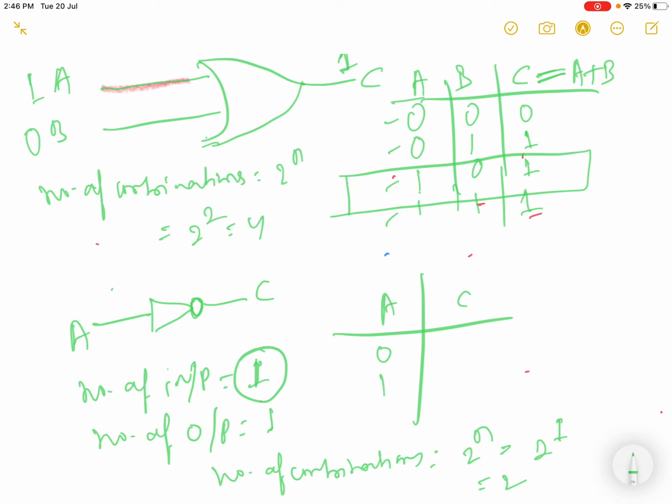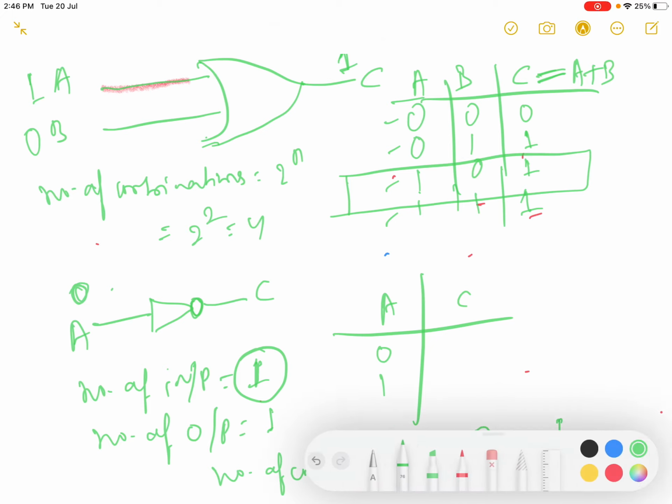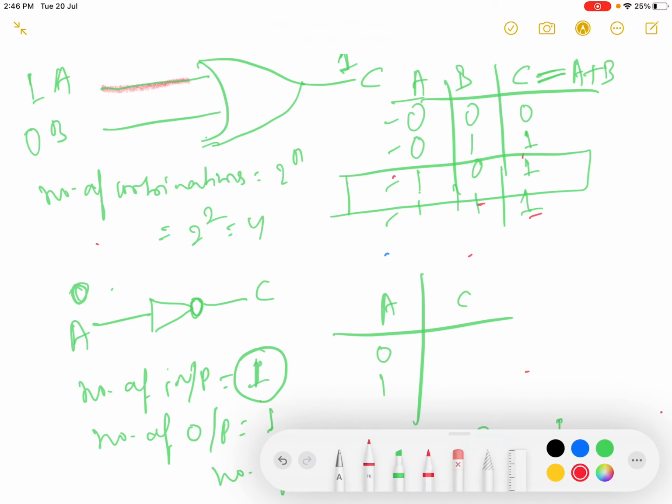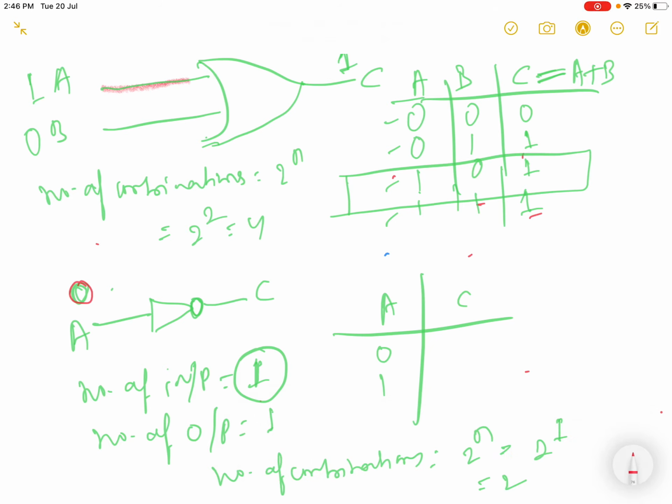So if 0 is coming from here as an input, what will happen? After crossing this bubble, it will change to 1. If we apply input as 1, after crossing this bubble, the result will change to 0. So this is NOT gate.